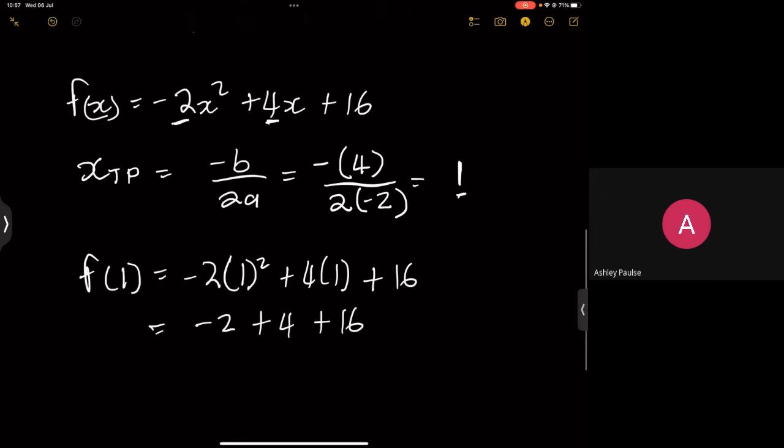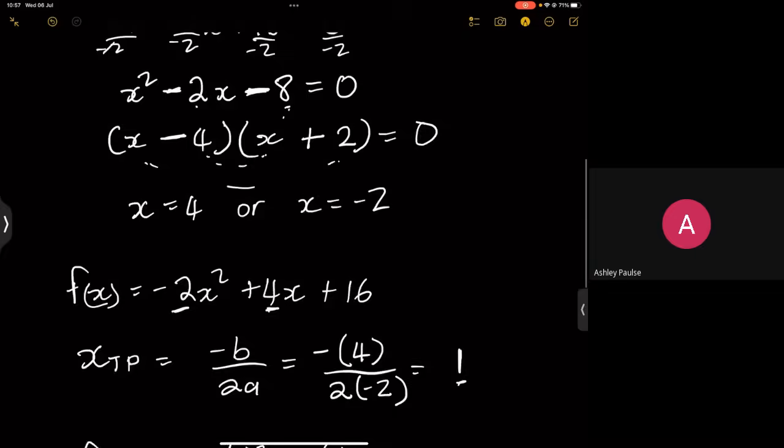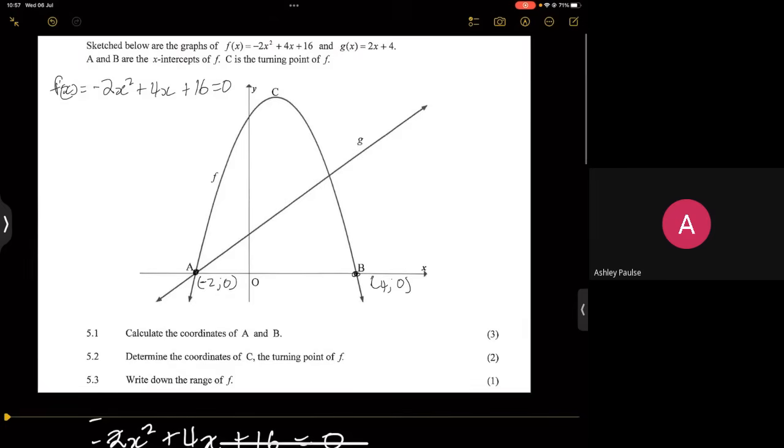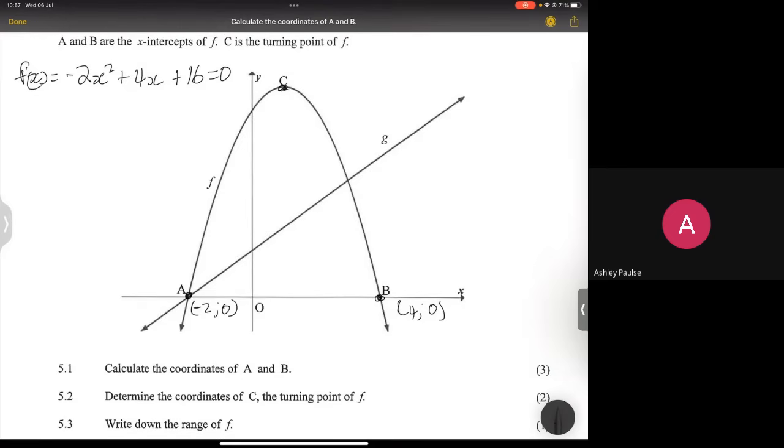That's going to be 20 minus 2, and that should give us 18. So the coordinates of C are going to be 1 and 18. And please, every time you are doing that, always make it a point that it makes sense. Say for argument's sake, you got minus 18. It wouldn't make sense for the graph to be drawn in this way, for you to have a negative y value there. So that's going to be 1 and 18.